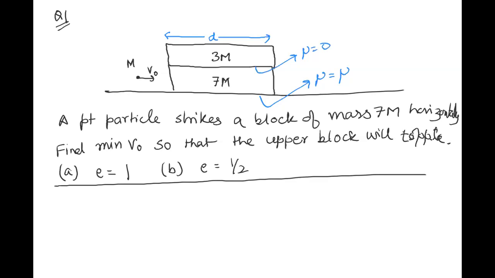So basically the condition is that the lower block should just, because of the impact from the point particle, move a distance of d by 2.